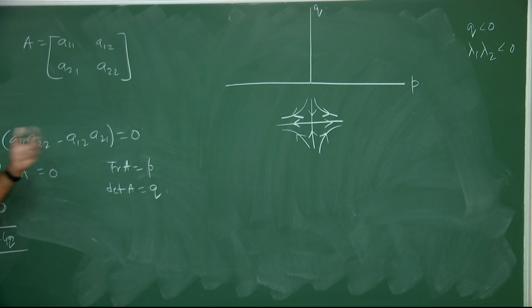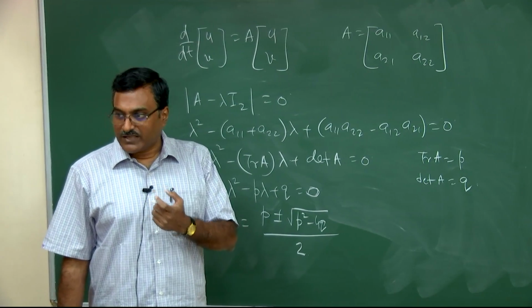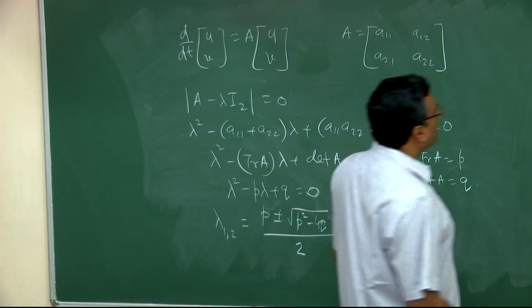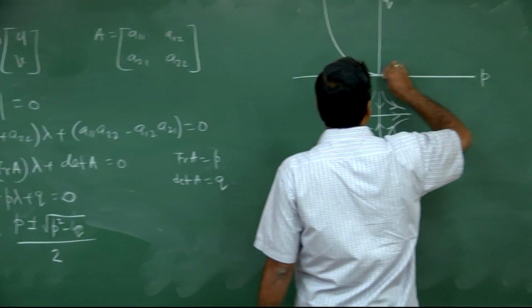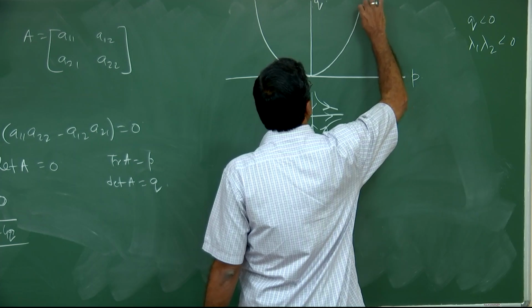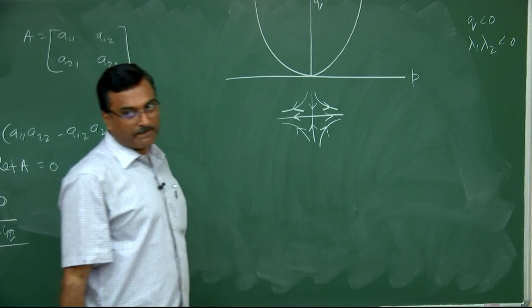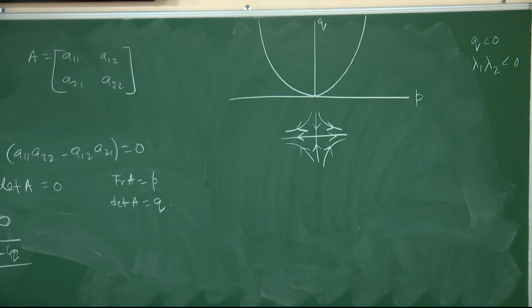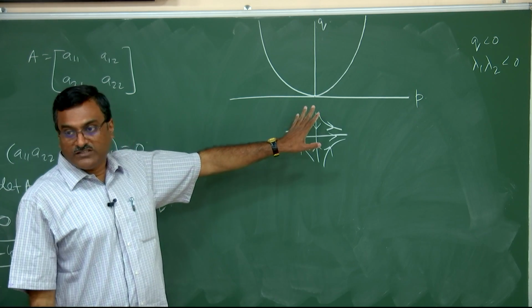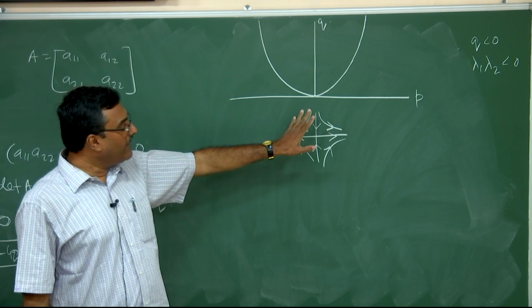Now the rest of the part we are left with is p square minus 4q less than 0 or p square minus 4q greater than 0. Of course p square minus 4q equal to 0 is given by this parabola, correct? Once you have this parabolic structure, you should keep in mind that your equilibrium point (0, 0) is stable whenever p less than 0.